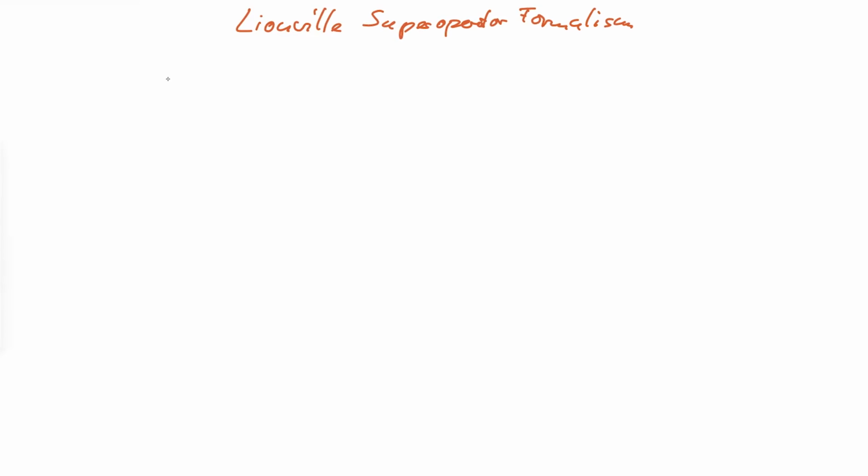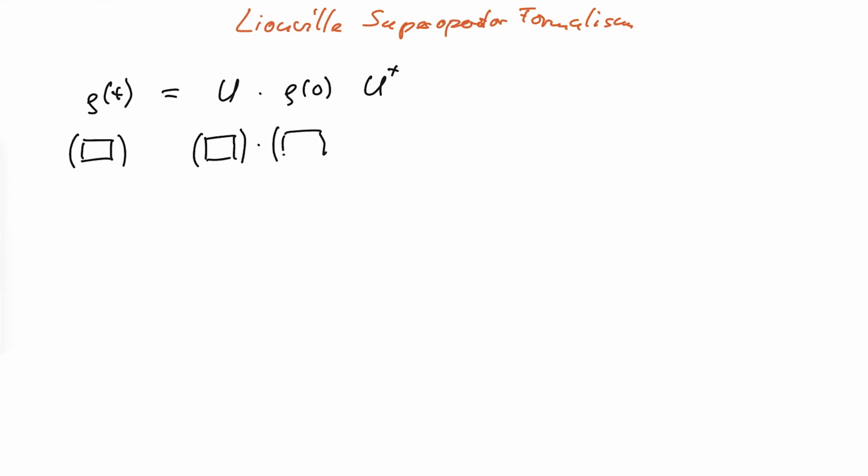While in the spin density operator formalism we have rho of t, which is the propagator U times rho of 0 times the propagator dagger, when we look at it, this is actually a square matrix equals a square matrix times a square matrix times a square matrix.